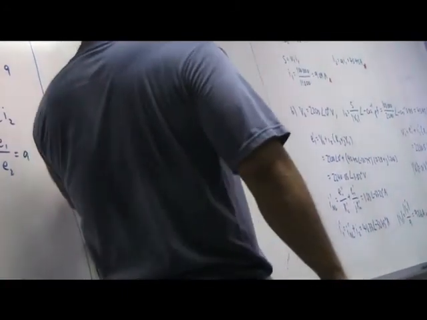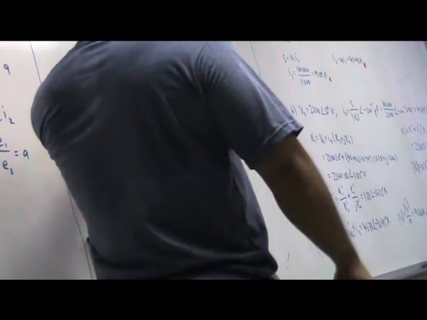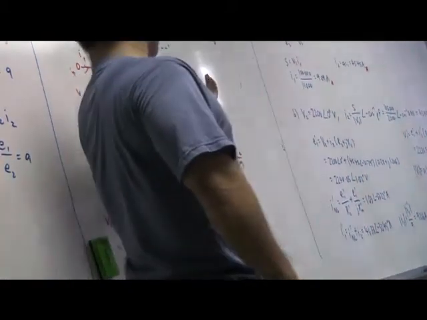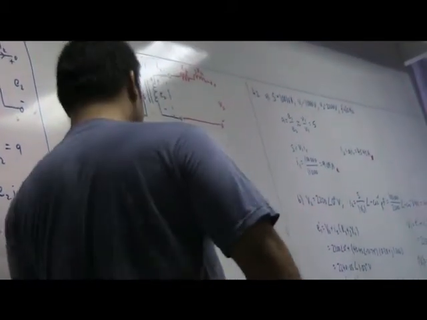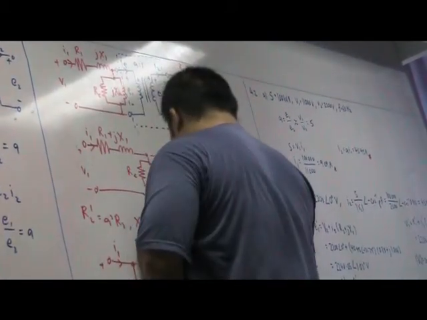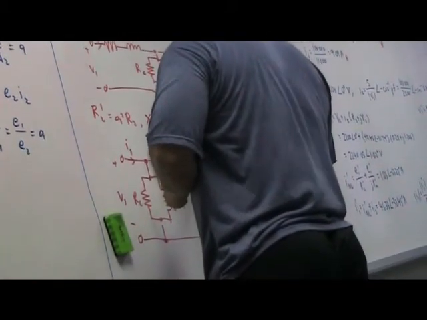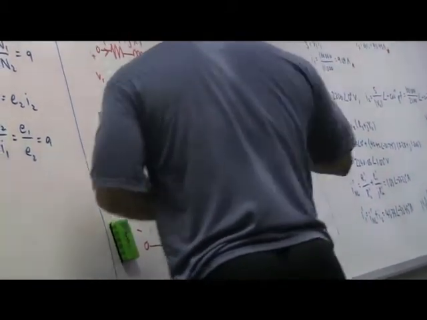If I bring this over here, this R1 plus jX1 will be in series with R2 plus jX2. They will be in series, so I combine them. I'll call it RE1 plus jXE1, where E means equivalent.